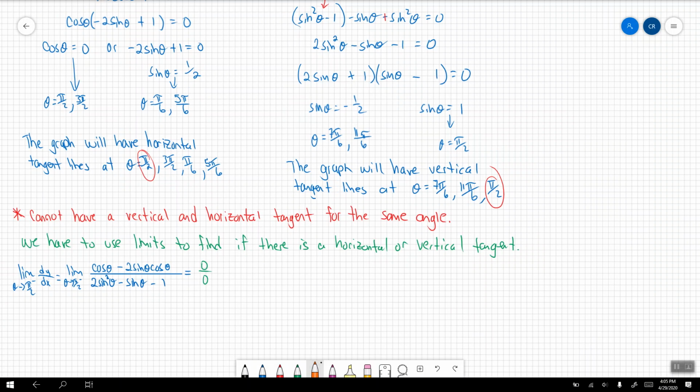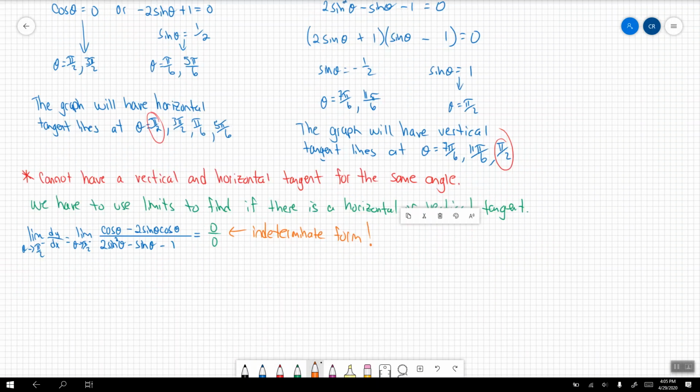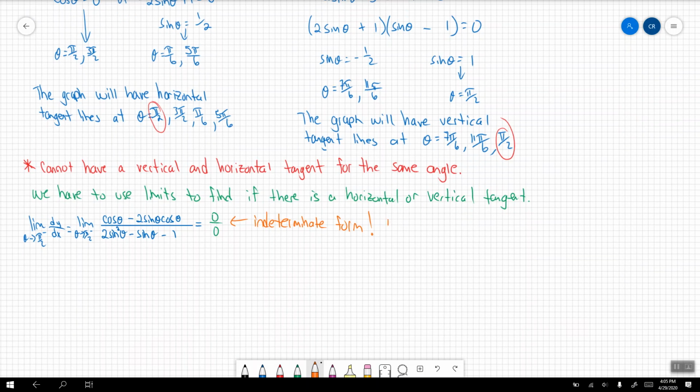What does this look like? Indeterminate form. And it's actually an indeterminate form that we like. Yay! Because if we have it in this form, we can use L'Hopital's rule. So let's try to implement L'Hopital's rule here.